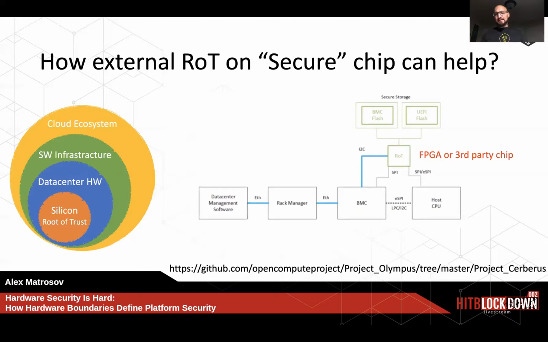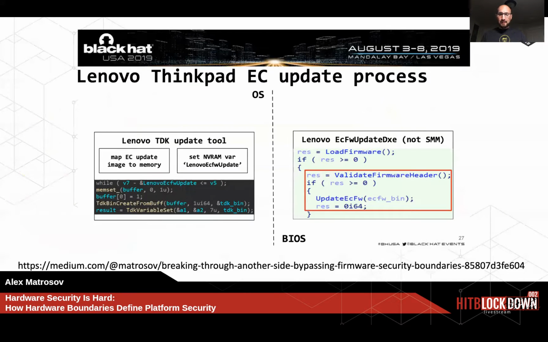But in this case, Microsoft created Project Cerberus, which was created to provide transparency for the supply chain and attestation for the platform. Google did the same thing with Project Titan. At NVIDIA, we have the Falcon chip, which is also a hardware root of trust for NVIDIA products.